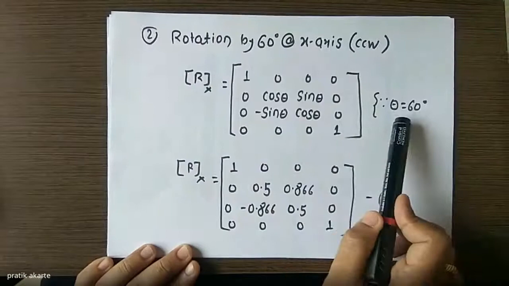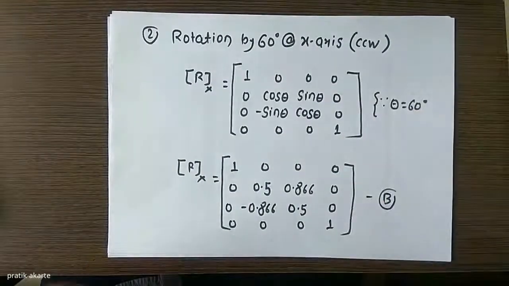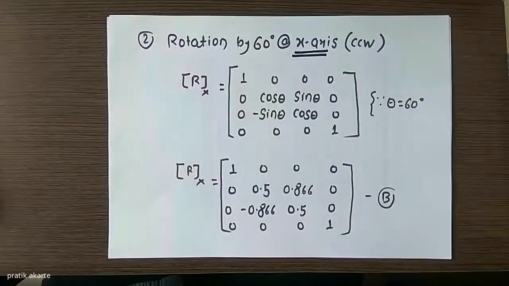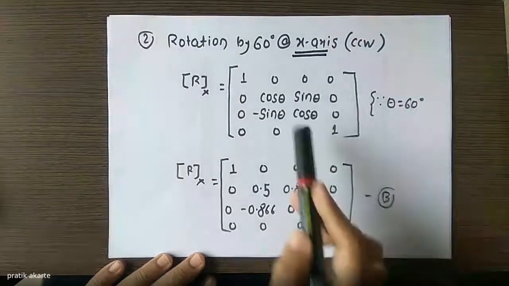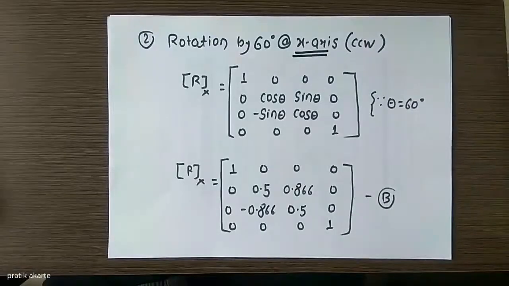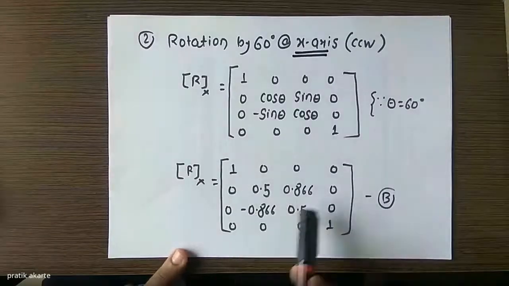Theta is 60 degree. This is exclusively about x-axis. So by putting the value of theta equal to 60 degree, and we are taking it as positive as mentioned in the note at the start of the problem, we can write this Rx.